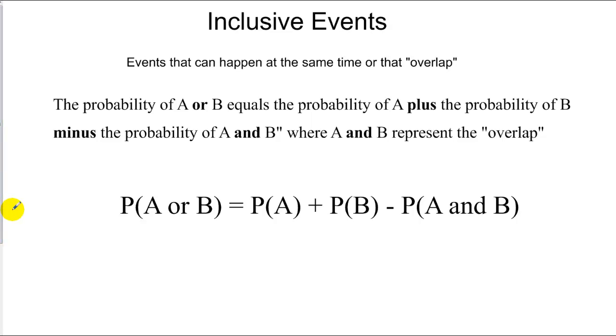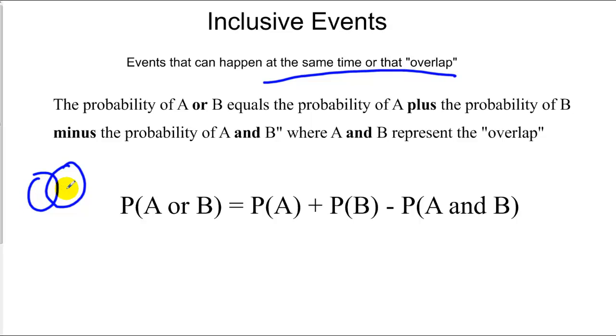If we talk about inclusive events and the probability of A or B happening, again, the or indicates there's going to be some kind of adding going on between the 2 probabilities. But if we talk about inclusive events, we talk about an overlap occurring, or something that can occur in both of the sets. So in that case, it's kind of like looking at our Venn diagrams, if you remember those.